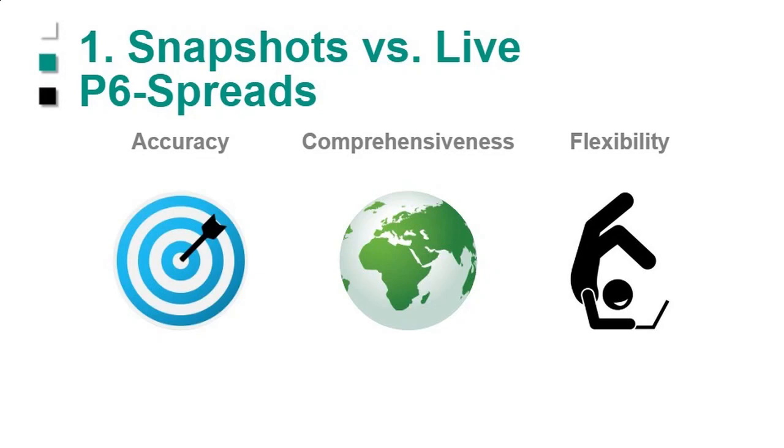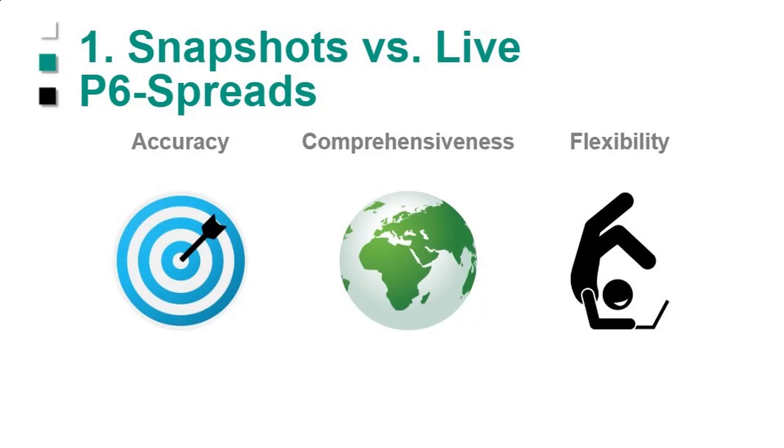And the key thing is it also includes things like the spreads. When we talk about spreads, those are time-based distributed data. So anything on the resource level where we've got histograms that you can create, those are called spreads. Okay, so it's comprehensive. You're not limited to the data that you grab.